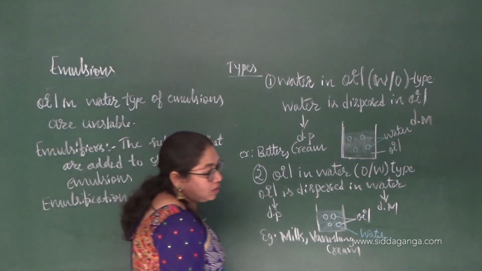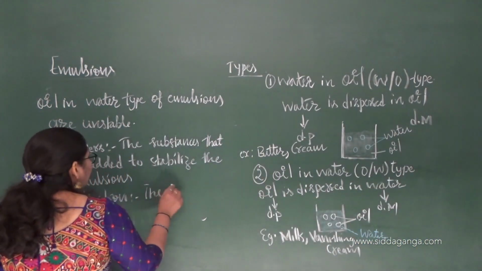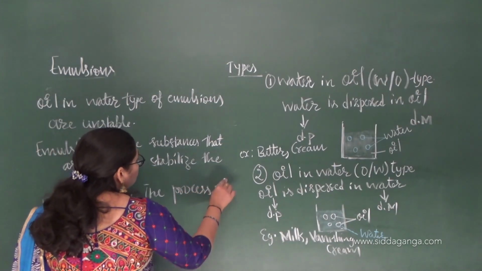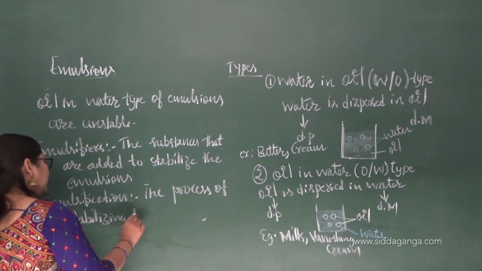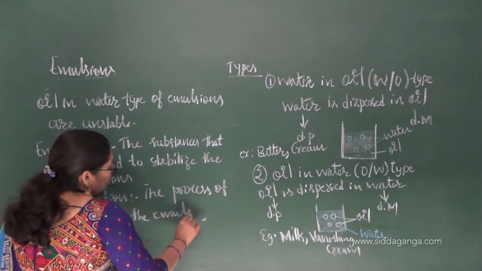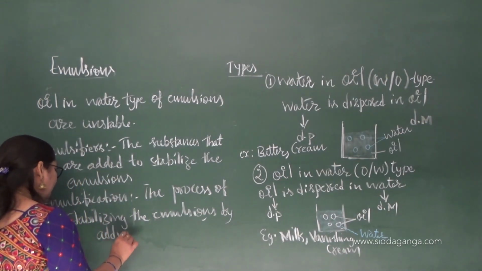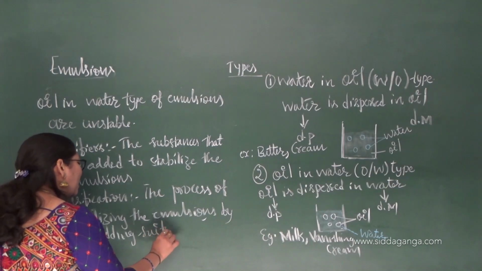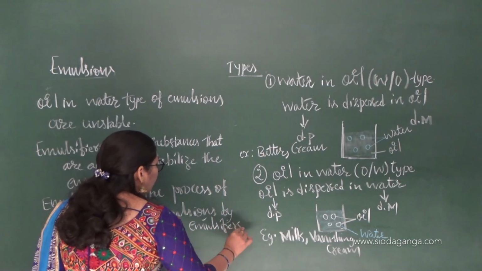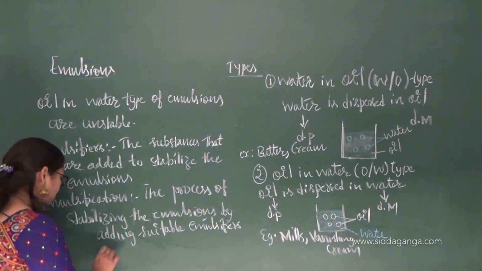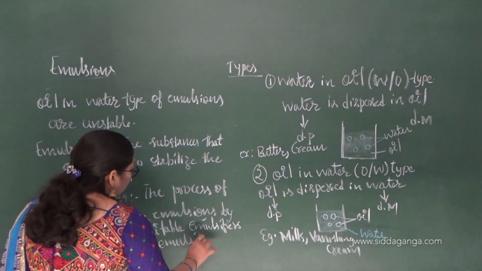So how can we define emulsification? The process of stabilizing the emulsions by adding suitable emulsifiers is called emulsification.